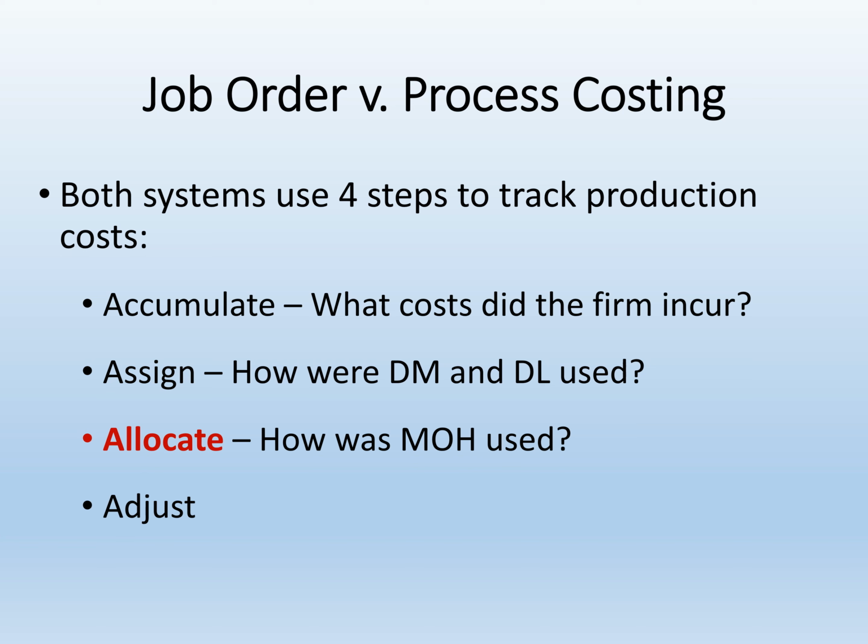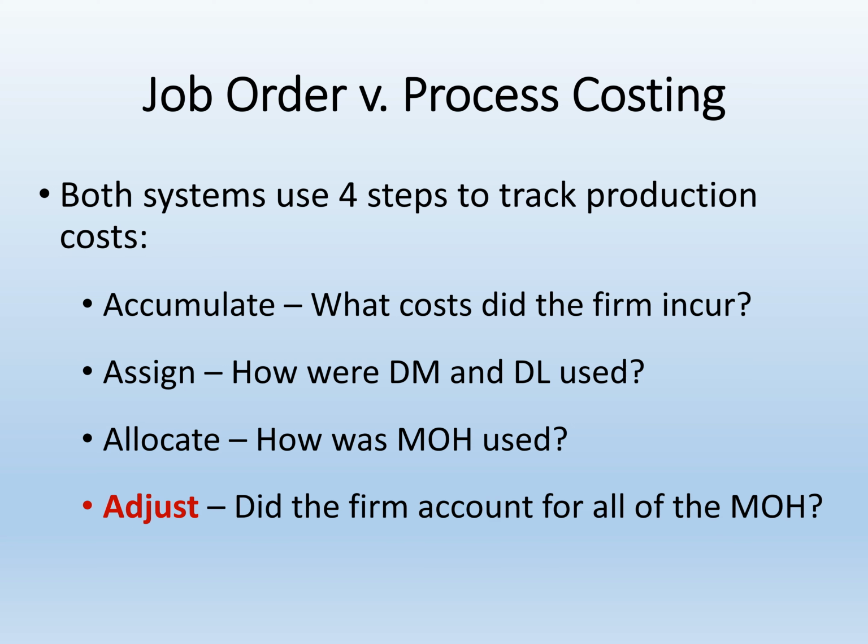The third step is to allocate the manufacturing overhead. Manufacturing overhead is not traceable, so we are going to have to find a different way to determine how much overhead was used by the various jobs or processes needed to manufacture the firm's goods.